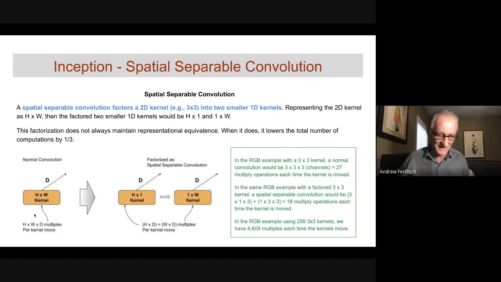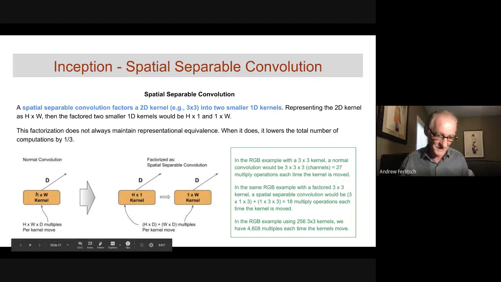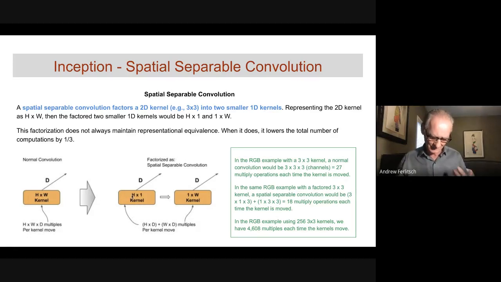So think of this as the normal convolution that goes deep, and we're going to replace it now with a height by 1. So in our case of, let's say, a 3x3, this is a 3x1, and that's going to be applied deep. And then we're going to take that and run it through a 1x3 and go deep.